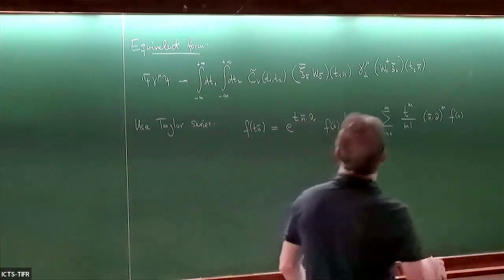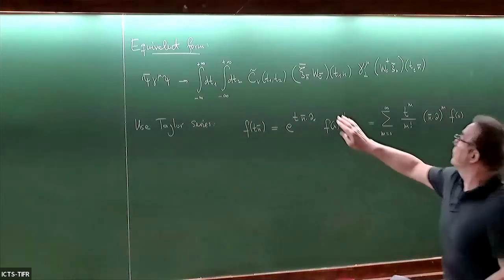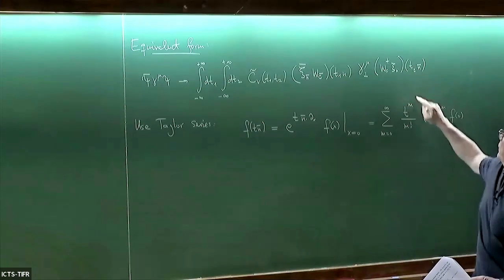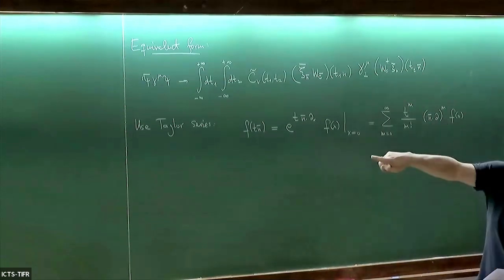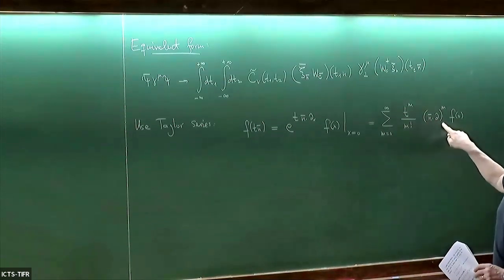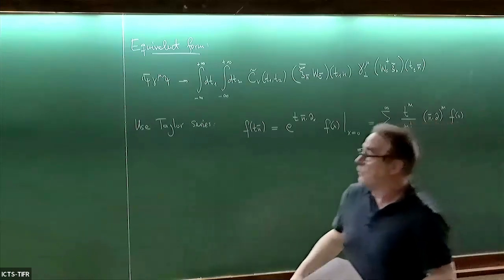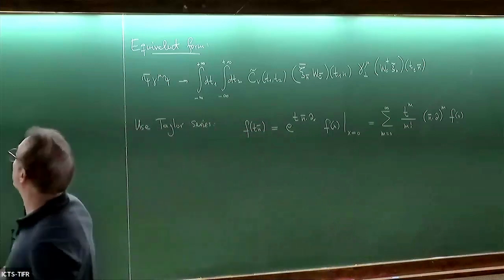I hope it's clear that if we use this Taylor theorem for this function to write it as a sum over m, with m derivatives acting on the function at 0, we get an expression that is exactly of this type.